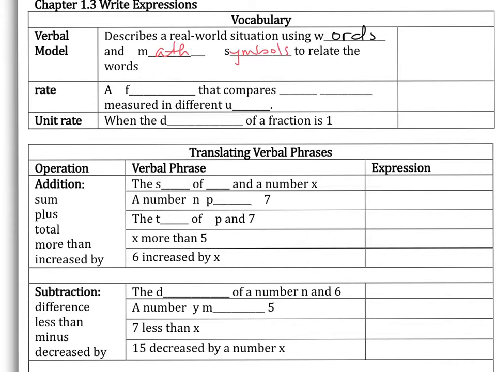For example, the cost of candy is represented by the letter A, and you want to share the cost with 6 people. Then the verbal model will just be A divided by 6.